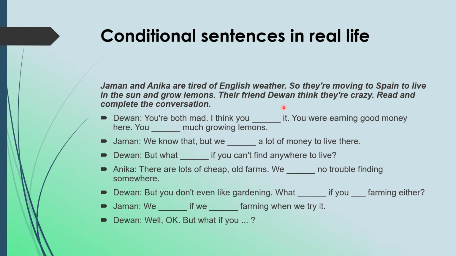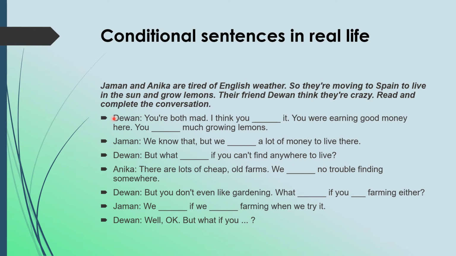And their friend Dewan thinks they're crazy. Whenever we are using this word crazy, that means Dewan thinks that it is not correct, they should not go, they should not move. So what is the conversation? In any context, you need to understand the smallest things, because that will reflect the meaning.